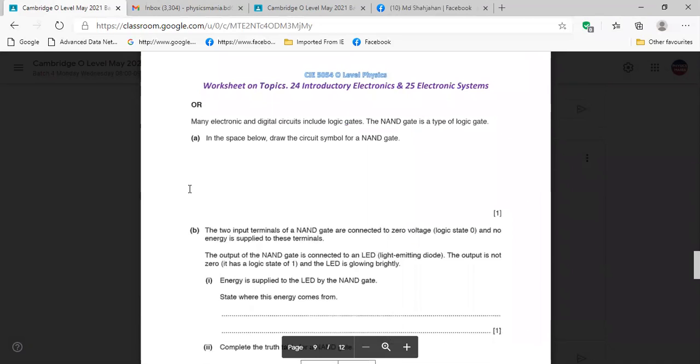Now, yeah, NAND gate. NAND gate you know, right? How to draw? Yes, sir. So draw it, NAND gate. NAND gate I also gave in the group. Are you seeing it? NAND gate? Yes, sir.